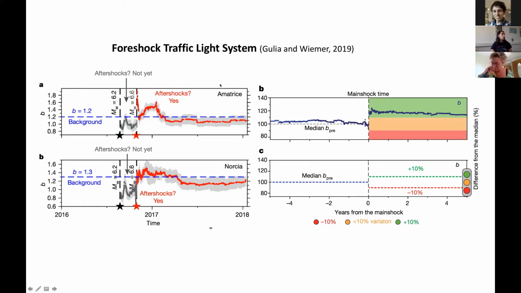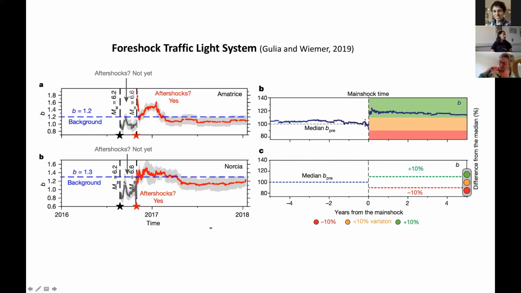So these authors observed this for several sequences, and here I'm showing examples that they show for the Amatrice and North Chile earthquake sequences. They observe that during the foreshock sequence there is a decrease of b-value below the interseismic, background level, given here by the blue line, and then after the main shock, they see a recovery, an increase of the b-value.